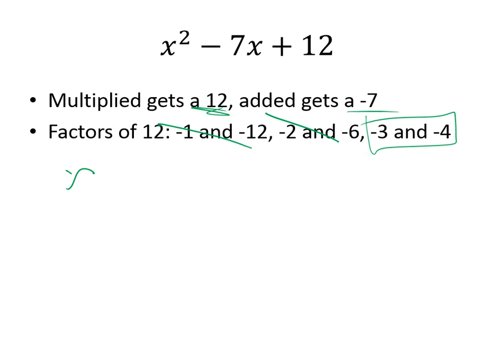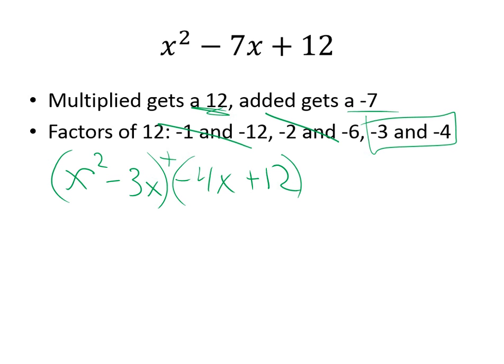So we would have x squared minus 3x minus 4x plus 12. Now it doesn't matter which one comes first or which one goes second. No matter what, you're going to get the same answer if you factor it correctly. And so what you might want to do here is put a plus negative 4. As you see here, the first one we can take out an x, giving us x(x minus 3).